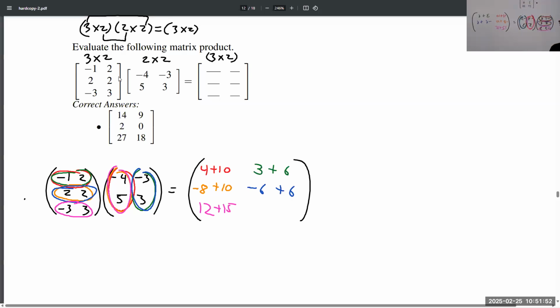So we'll find that to be 27. And then third row, second column. -3 times -3 is +9, 3 times 3 is 9.